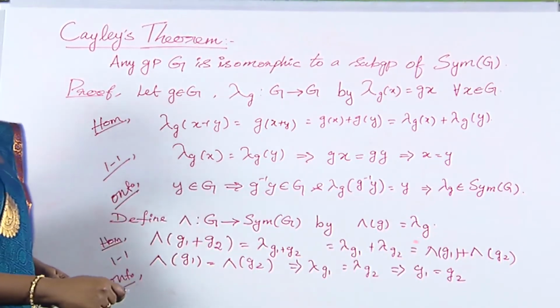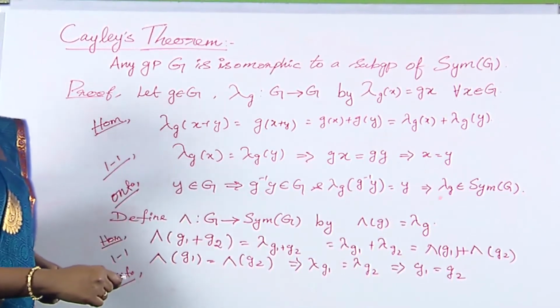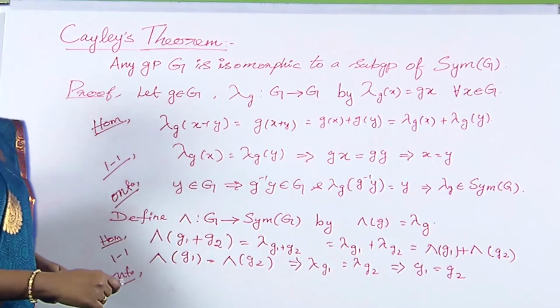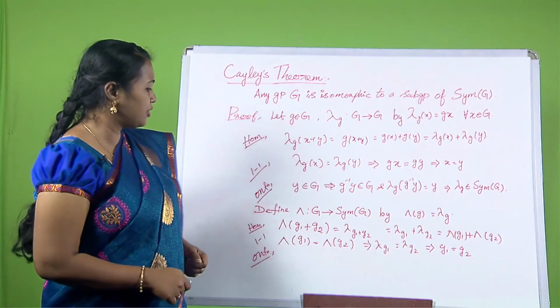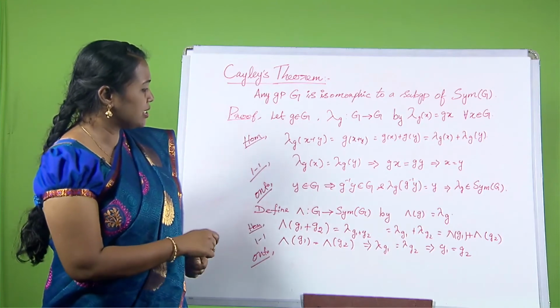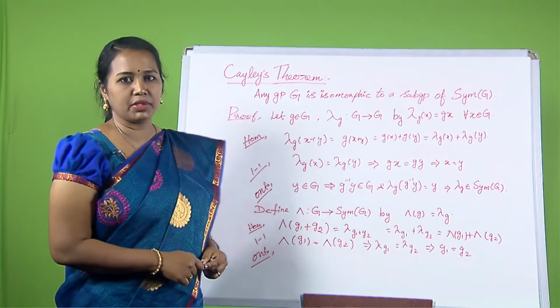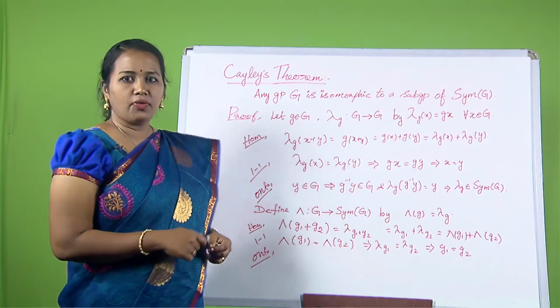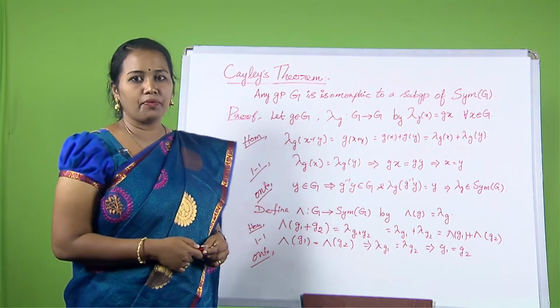So, whatever element you take, whatever the mapping, you can find a unique pre-image in the domain. Therefore, the onto property is very much obvious. And so, from here we have proved that this gamma mapping is also an isomorphism. From the properties of homomorphism, we know that if gamma is one-to-one, then G is isomorphic to gamma(G).